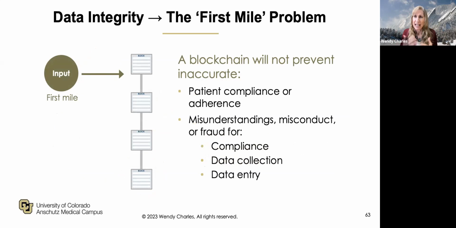I mean, prompts help, but we ultimately can't use technology to know whether a person's birth date was entered one day off. And we can't necessarily use the technology to prevent misunderstandings or simple forgetfulness and misconduct or fraud. If someone's intent on misconduct, it's difficult to prevent that before the data get added to the technology.